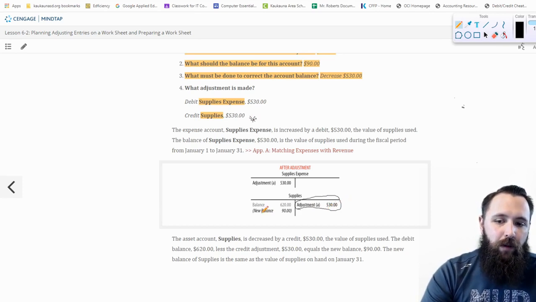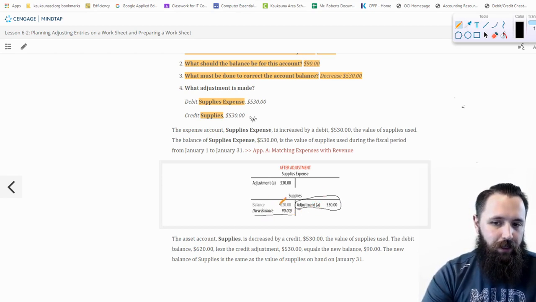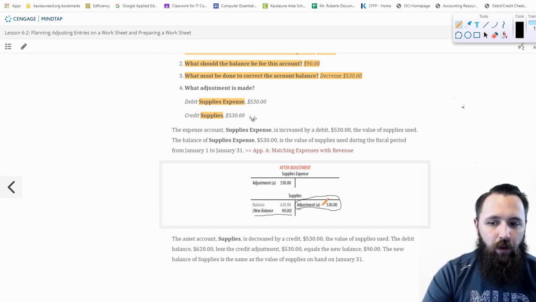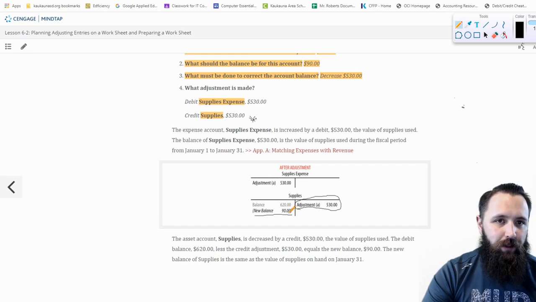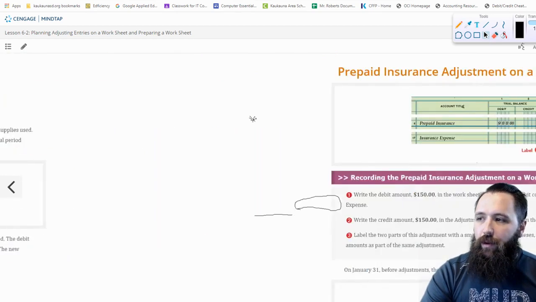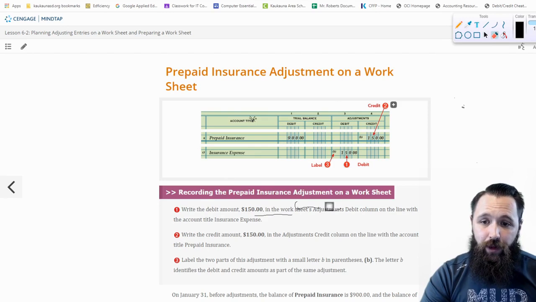Now we need to come up with the new balance, and the new balance is $90. We already know that balance, but how can we figure it out? Well, we can take the difference between the debit side and the credit side. We had $620, we credited $530. Our new balance is $90 on the debit side. So that's supplies.